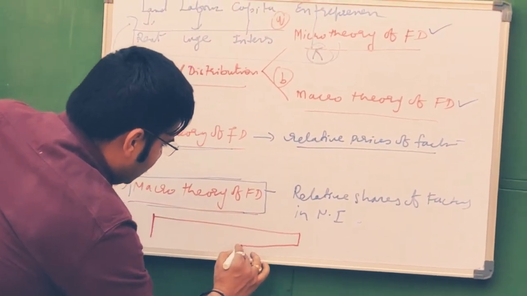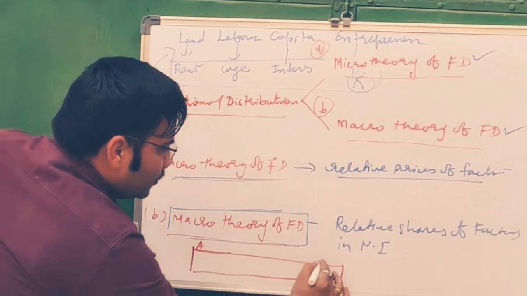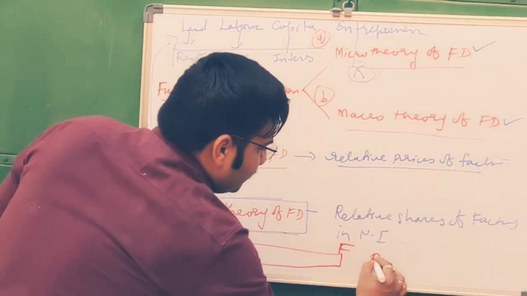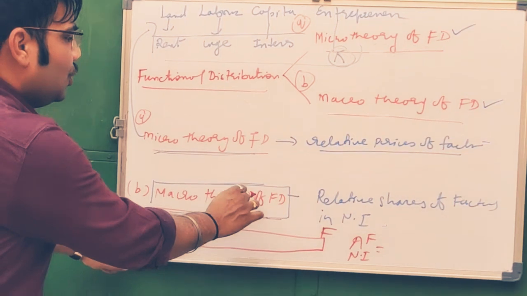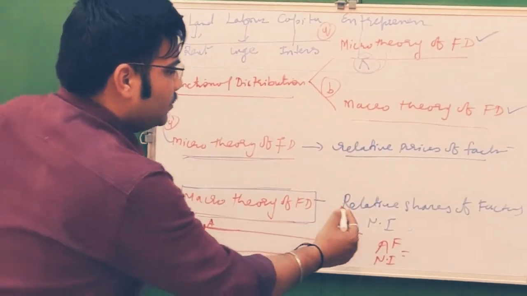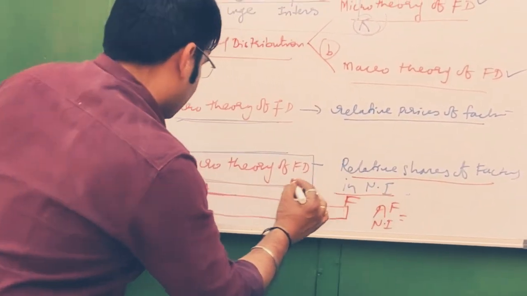Suppose this is the national income line, from A to F. AF is the national income, and the macro theory of functional distribution is related to the determination of the relative shares of the factors in national income.